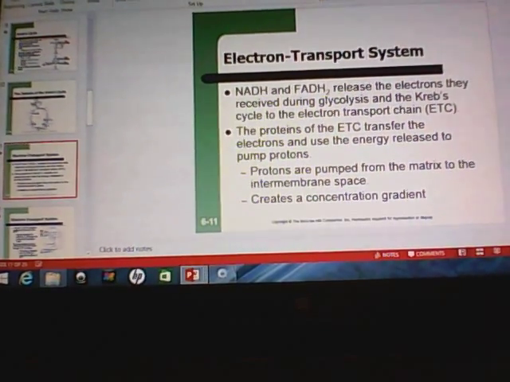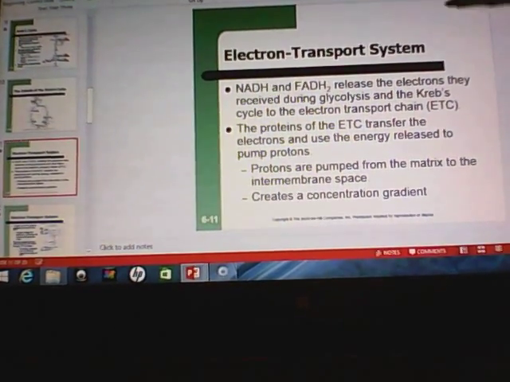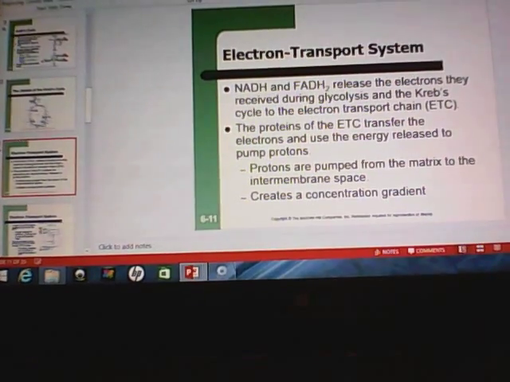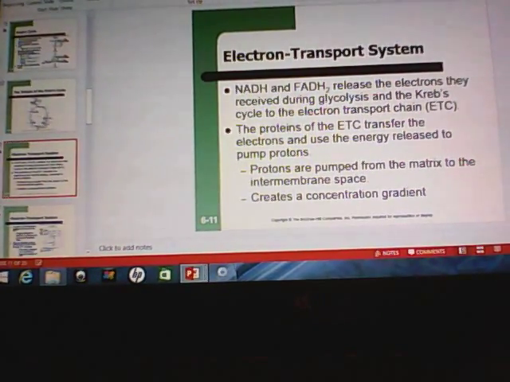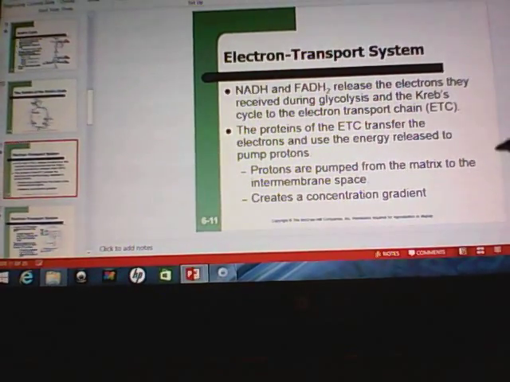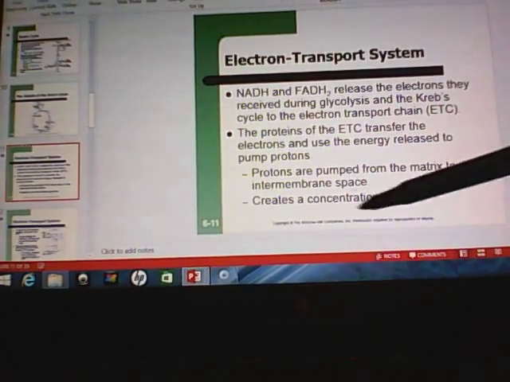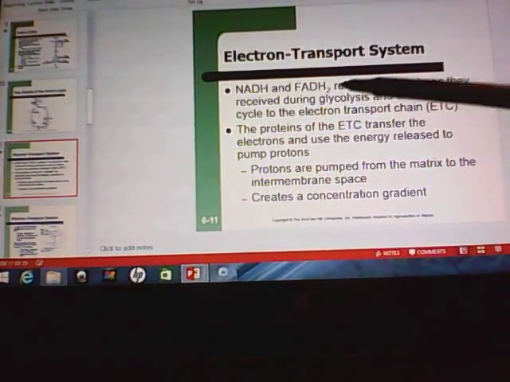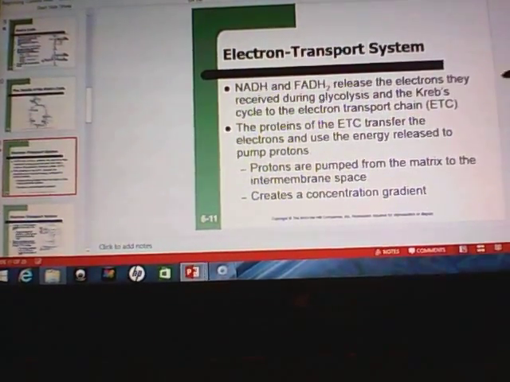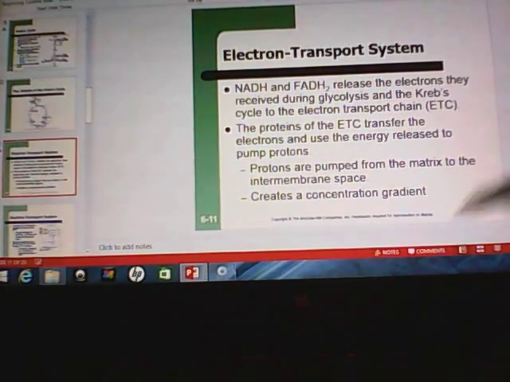Then the electron transport chain, of course, is where the most ATPs are made. I can't explain to you enough to make sure you understand that this is where it happens. All these ATPs are made because of the NADH and FADH that you made during glycolysis and Krebs.